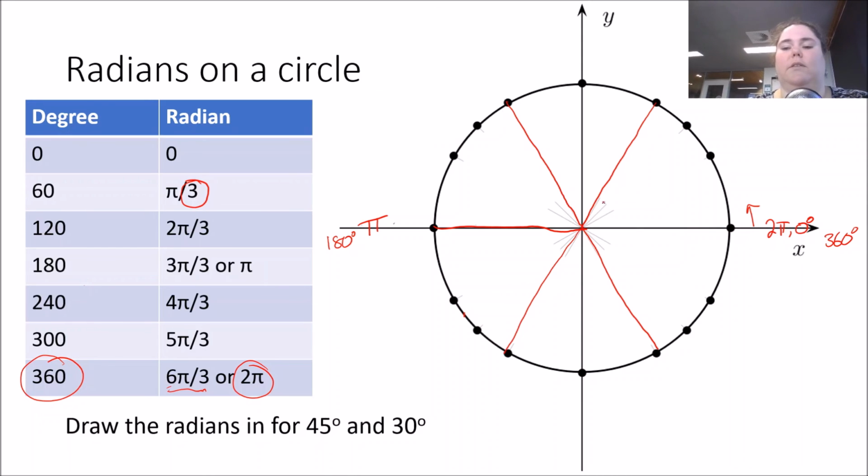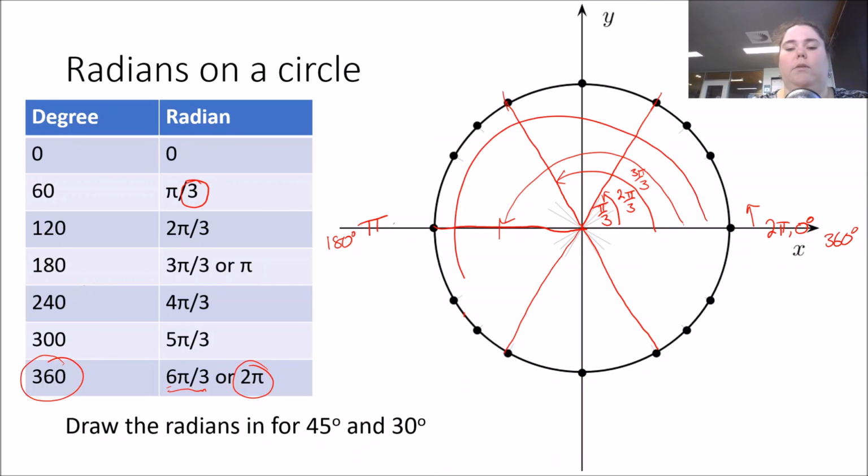So this is pi on 3 radians around. To get here, that's 2 pi on 3, because I've gone 2 pi on 3's around. This one, the full angle, is 3 pi on 3, which is the same as pi. And I can keep doing that, so I can keep talking about how far I've gone around.